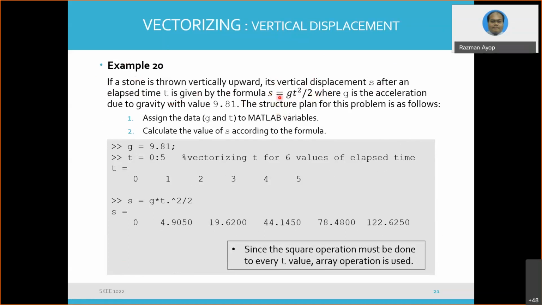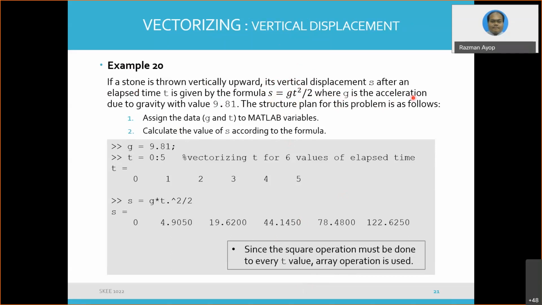Basically you throw a stone upward from the ground, and you want to know the displacement, the location. So s is basically the location. You don't need to know the equation; for your class, you only need to know how to program it.